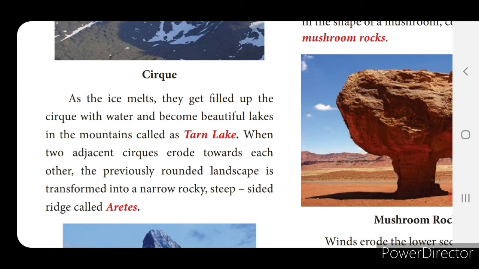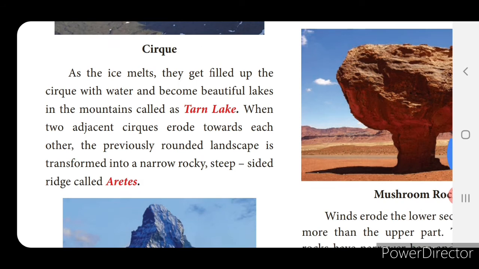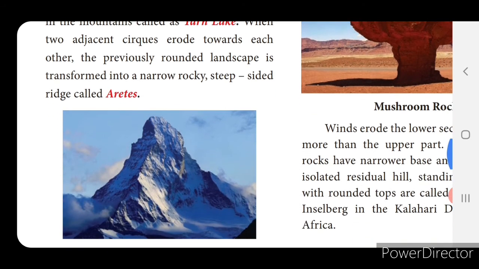When two adjacent cirques erode towards each other, the previously rounded landscape is transformed into a narrow, rocky, steep-sided ridge called an arête. You can observe this picture. Ice erodes the mountain, whose top is always round, and it eventually becomes a pointed structure.